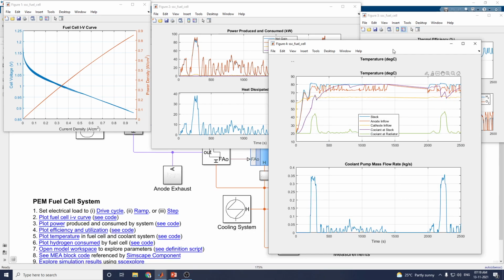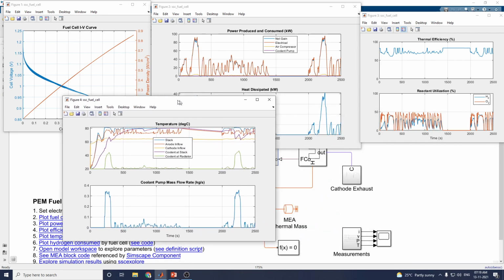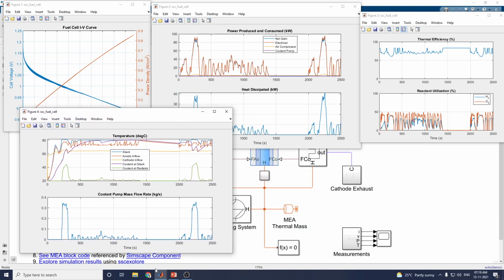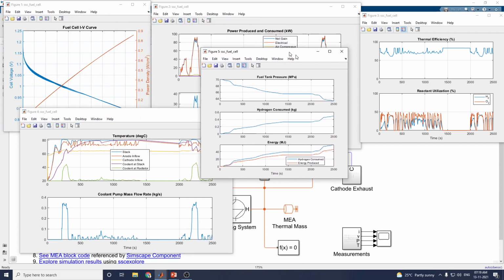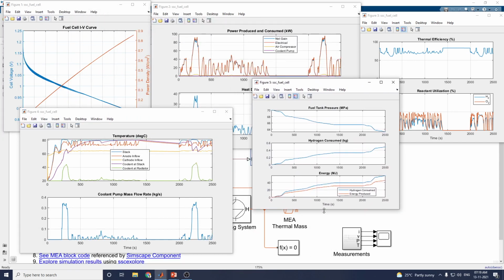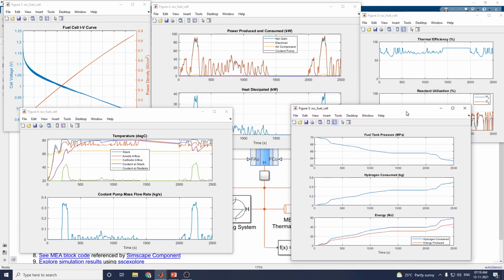And this one, the temperature analysis, coolant pump mass flow rate, and the final one is the fuel tank pressure and hydrogen consumed, and this energy produced. There are 5 scopes available to analyze the fuel cell system.